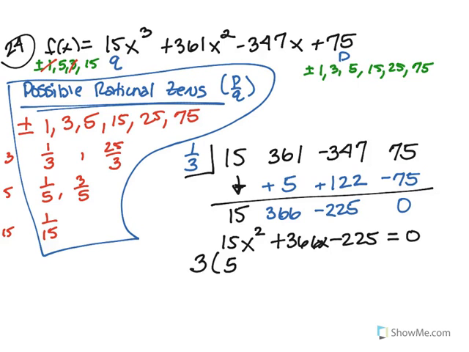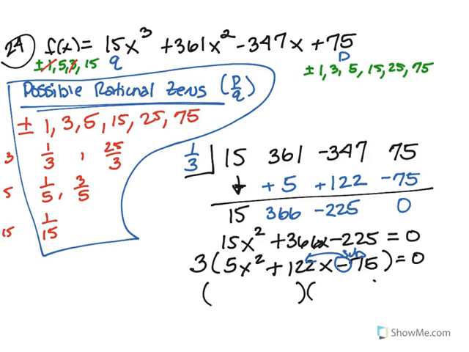And that would give us 5x squared plus 122x minus 75. Ooh. And we're subtracting.